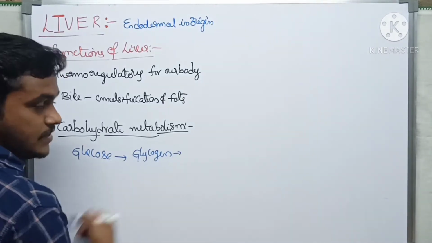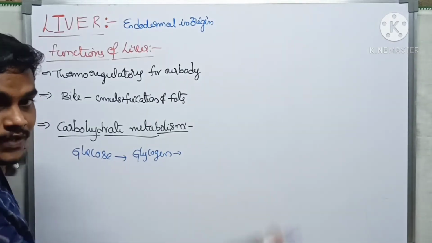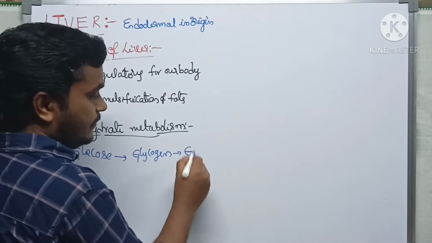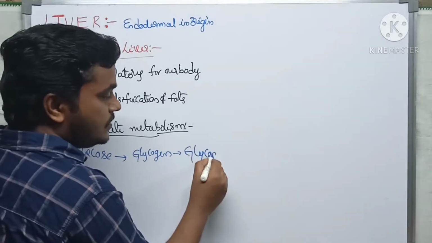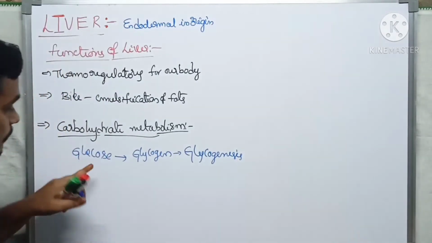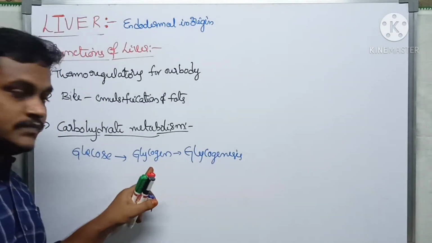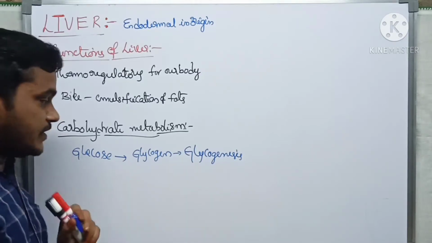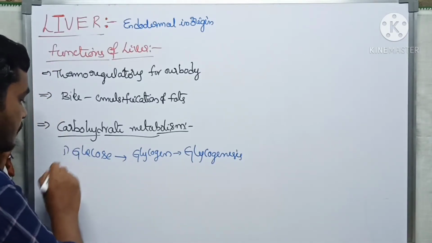The process of conversion of glucose into glycogen is called glycogenesis, genesis meaning origin. The process of glucose conversion into glycogen in the liver is called glycogenesis, one of the carbohydrate metabolism processes.